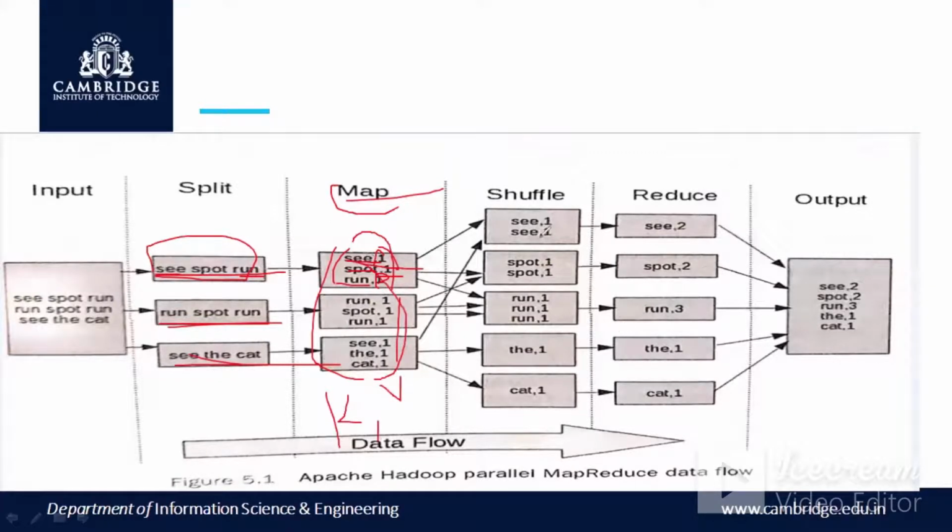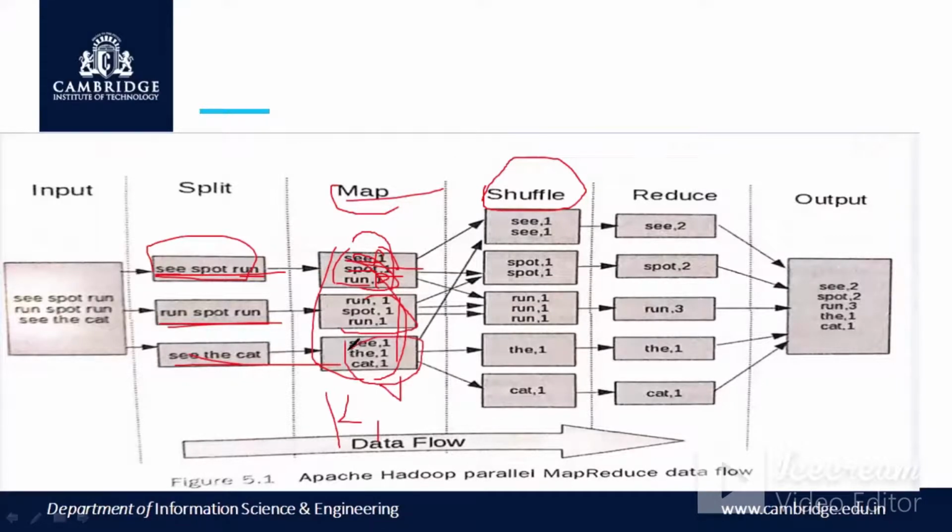Next, what does the shuffle do? This is another important stage in the MapReduce data flow. From whatever the mappers have converted the sentences into key value pairs, it shuffles. It will take C from the first mapper and put it into this shuffle, and again it checks the second mapper to see whether the word C appears in the second sentence, and again it will check the third.